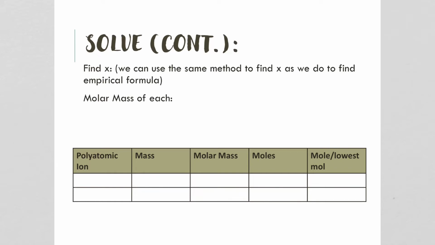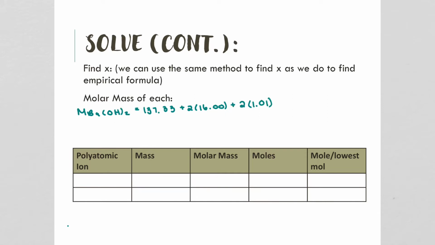So first of all, we need to know the molar masses of each. So we need to find the molar mass of barium hydroxide. So that's equal to, the molar mass of barium is 137.33, and there's 2 oxygens, so we'll put that in, and then there's 2 hydrogens.